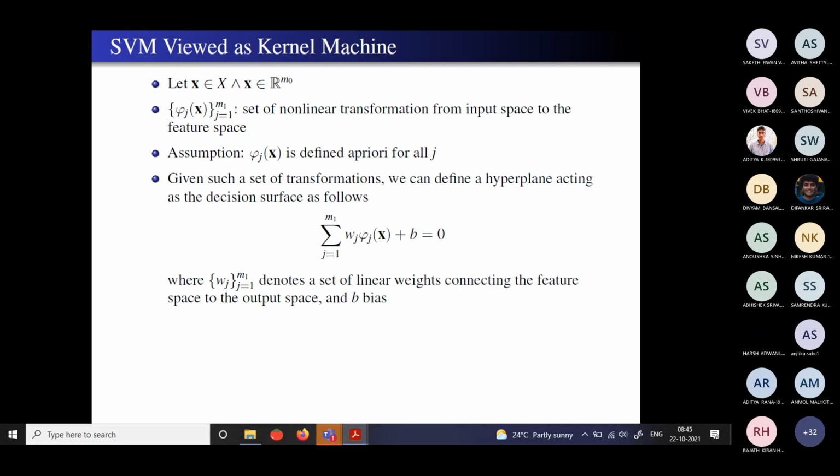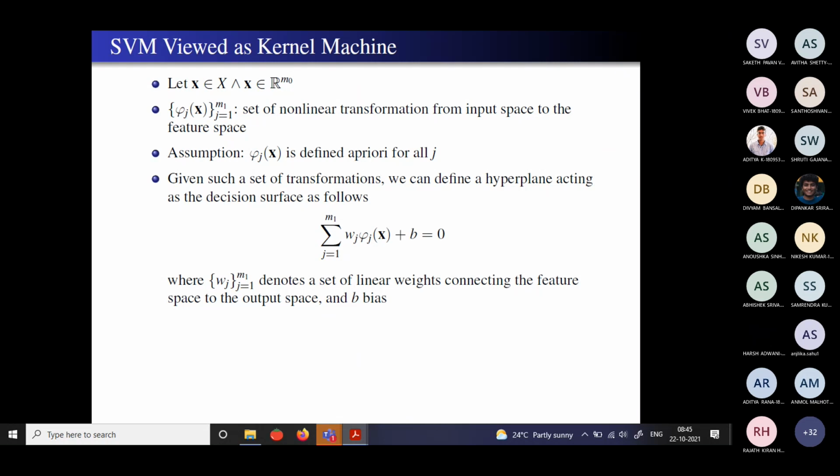When we have such a transformation, we can define the hyperplane acting as a decision surface in the output layer: the sum over j equal to 1 to m1 of w_j phi_j(x) plus b equals 0. Whenever you find a hyperplane, you have to compute this part and set it equal to 0. Here w_j denotes a set of linear weights connecting the feature space to the output space. This looks very similar to what we have done in the radial basis function network.